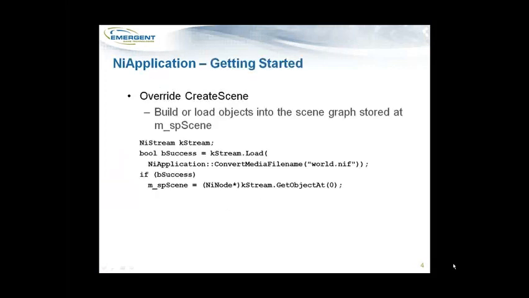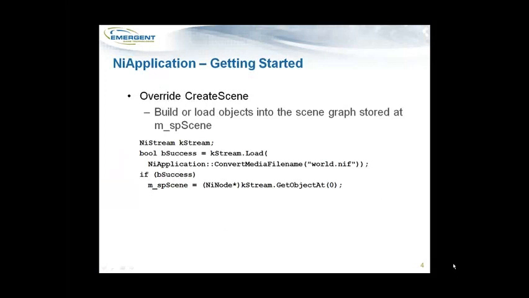To get started with NI application, you'd probably go to override create scene. Create scene builds or loads objects into the scene graph that's going to be used. A trivial example is on screen right now.